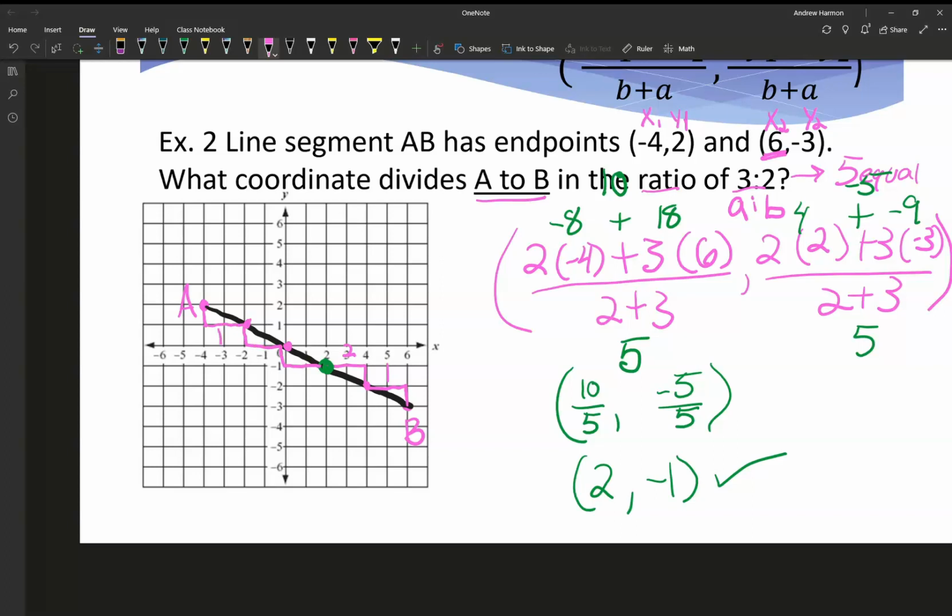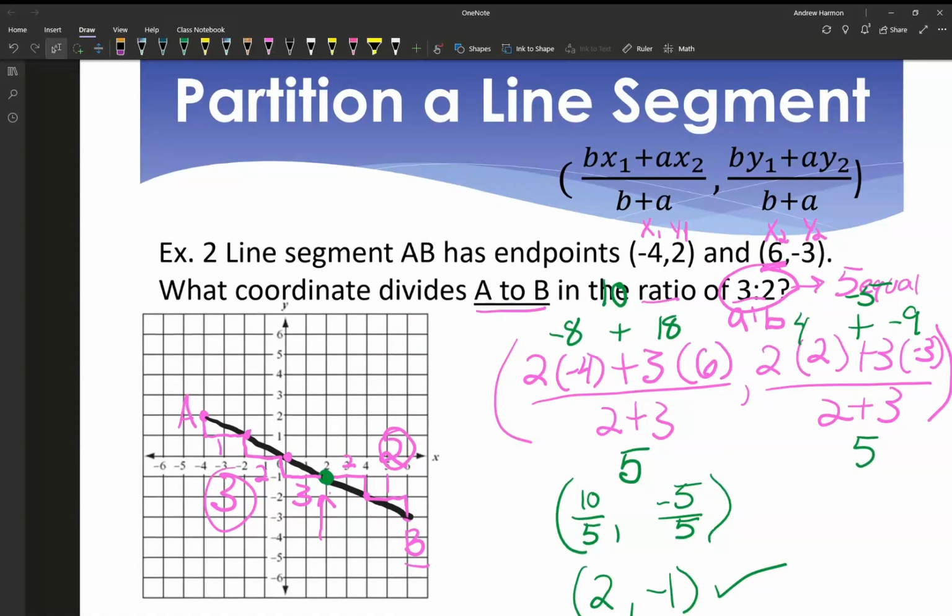That's 1, 2, 3 steps. So right at this point here, we have 2 steps to 3 steps, which is the ratio they wanted us to do. A to the point is 3, and then B to the point is 2. There's our 3-2 ratio.